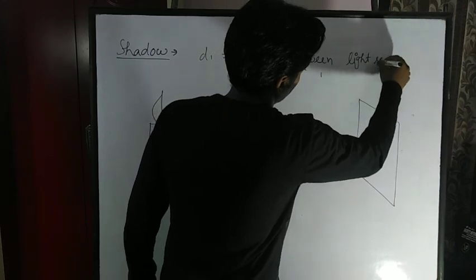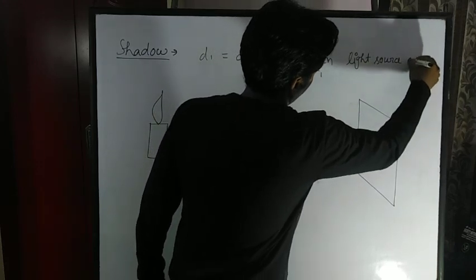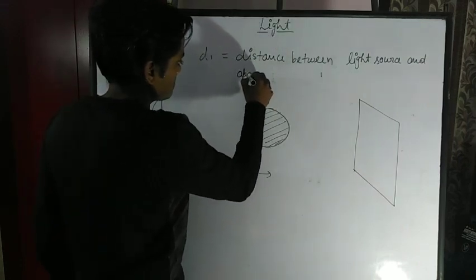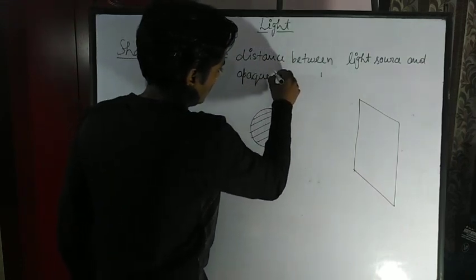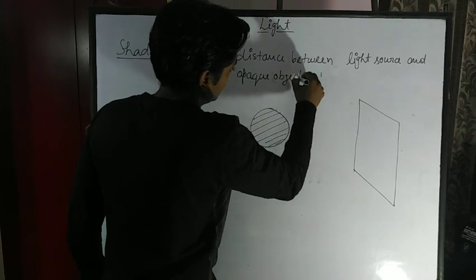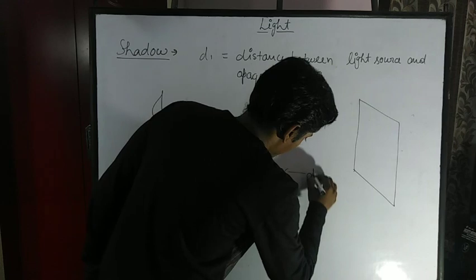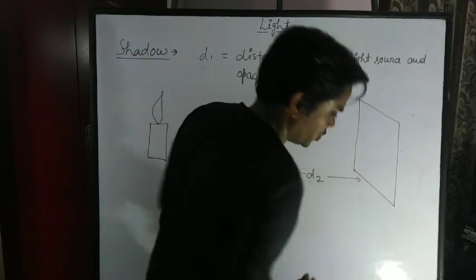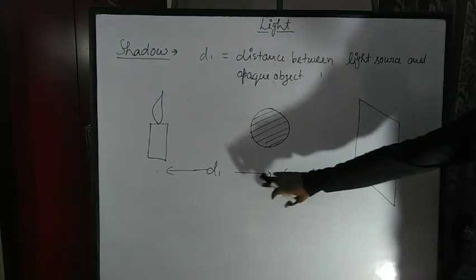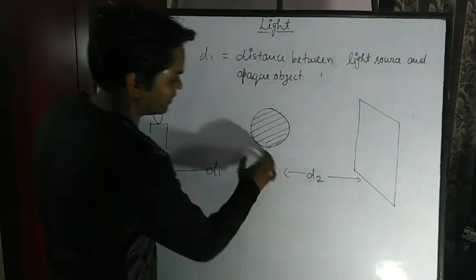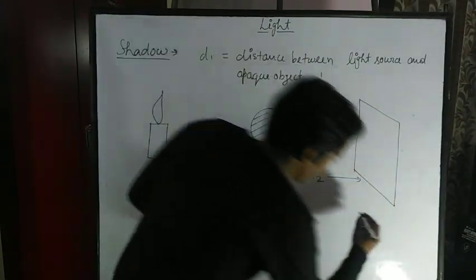And d2 is the distance between this opaque object and the screen.